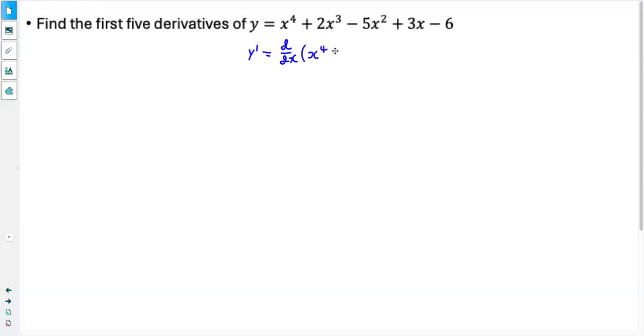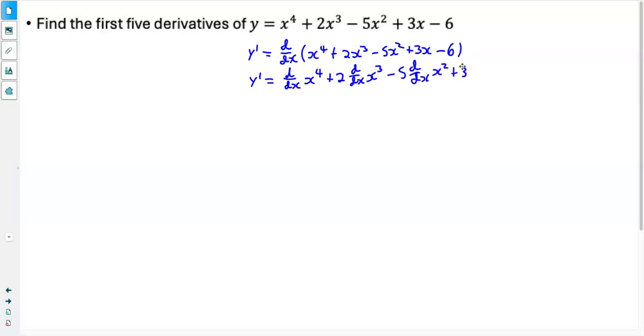So that would be the same as saying d/dx of x to the power 4 plus 2 d/dx of x cubed minus 5 d/dx of x squared plus 3 d/dx of x minus d/dx of 6.